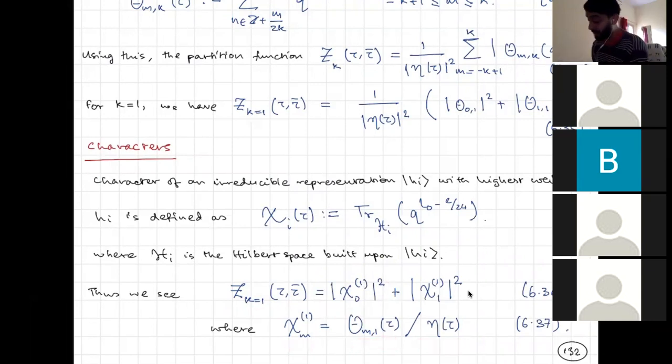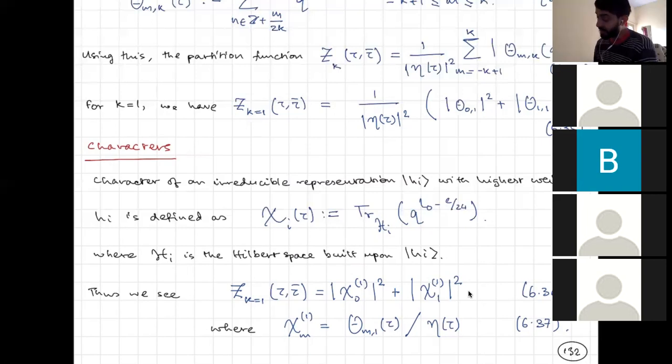So that's like the characters of the Virasoro algebra, defined in this way. So you can write down the partition function in terms of these objects.